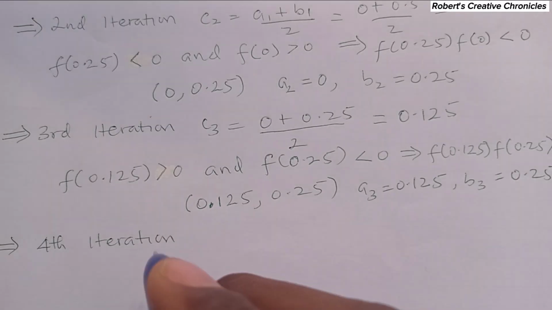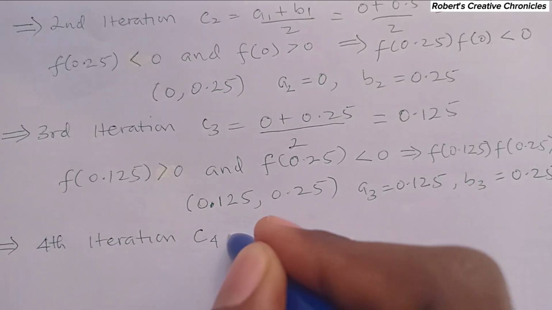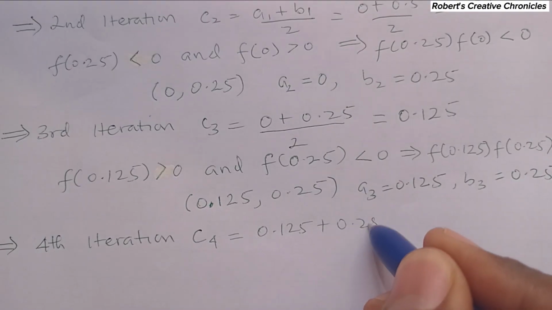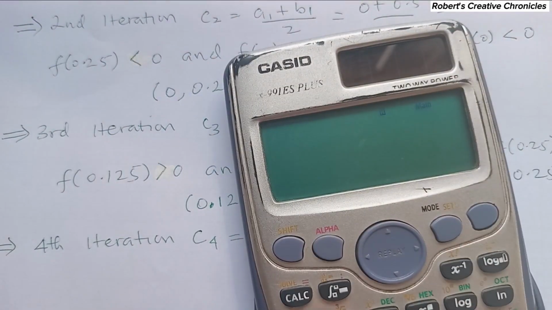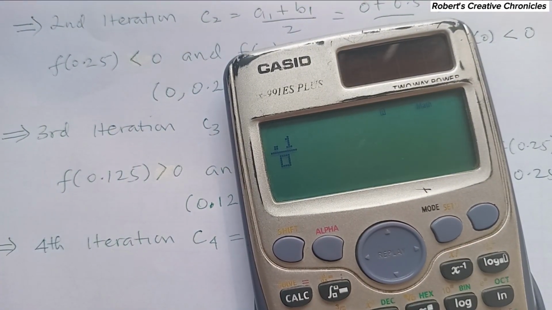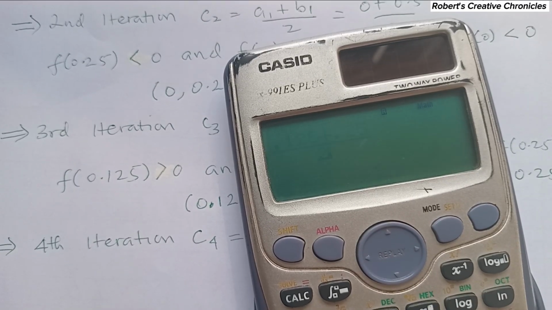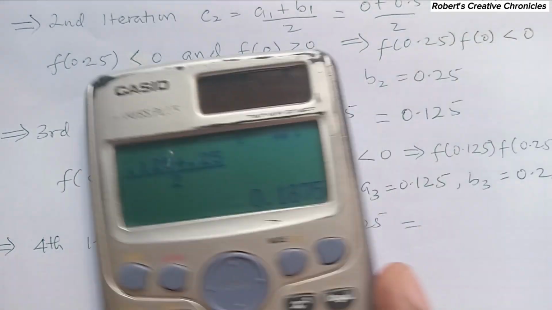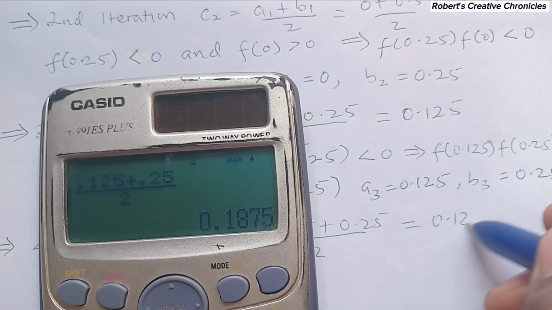So the fourth iteration now is what? This plus this divided by 2. So C4 is equals to 0.125 plus 0.25 divided by 2, which is 0.1875.